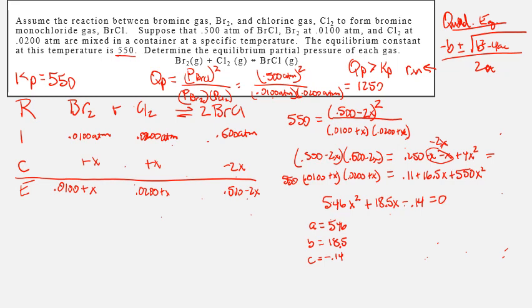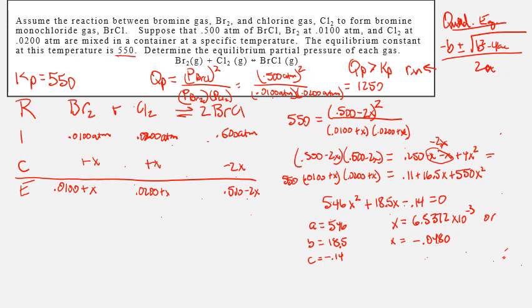So I'm going to plug all those values into the quadratic equation, and we have two possible roots that come up. The first one is 6.5372 times 10 to the negative third. And the second root that we get is equal to a negative 0.0480.